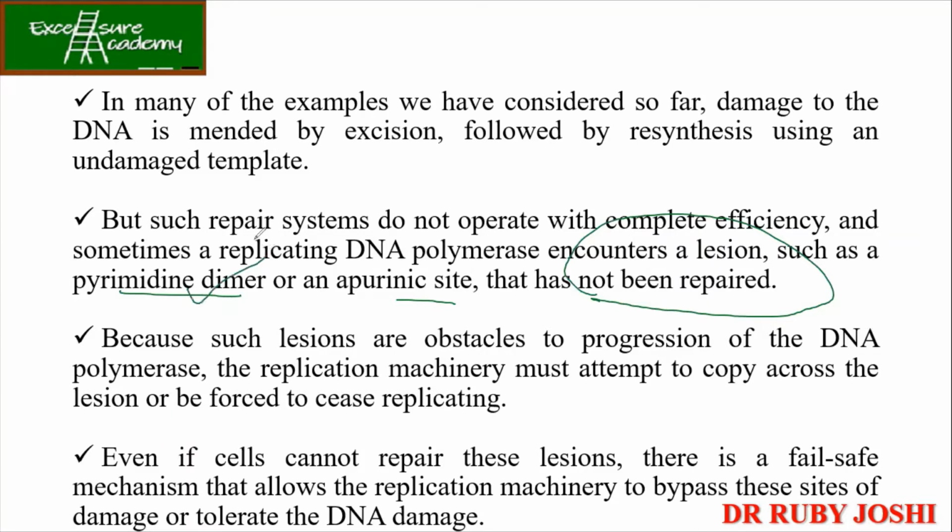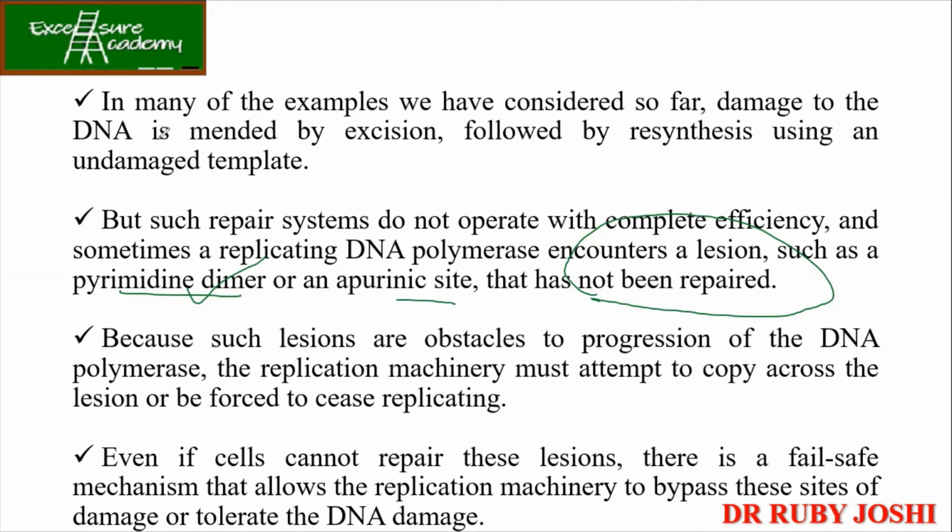Okay, Shruti, can you tell me by which method the pyrimidine dimer can be repaired? Akshaya, you? We have already discussed how we can repair the pyrimidine dimer. Photoreactivation, right?